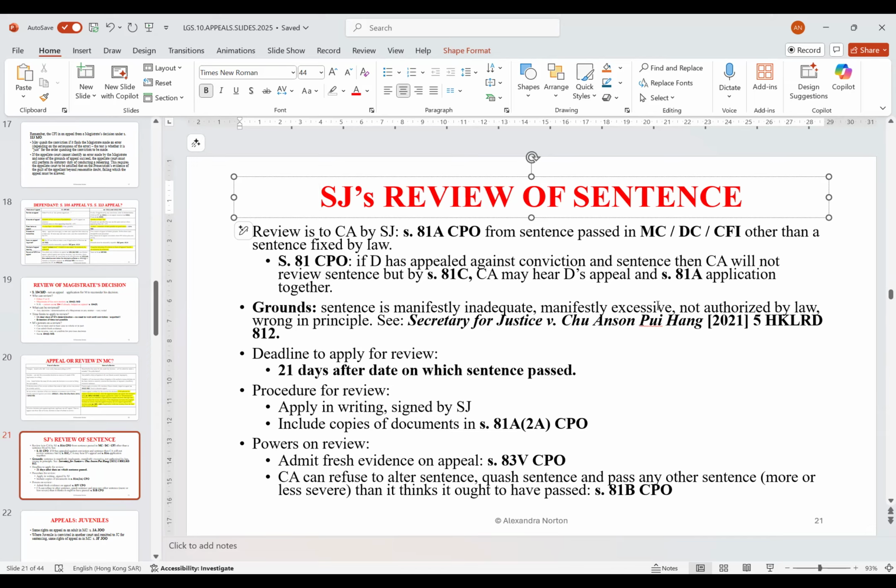Rarely would the Secretary for Justice review on the grounds that the sentence is manifestly excessive, but it could happen. Remember, the prosecution's objective is not to secure the harshest sentence that could be imposed, but one that is reasonable in the circumstances. Or you could argue that the sentence was outside the court's jurisdiction or wrong in principle. The SJ has 21 days to apply for this review, and they apply in writing.